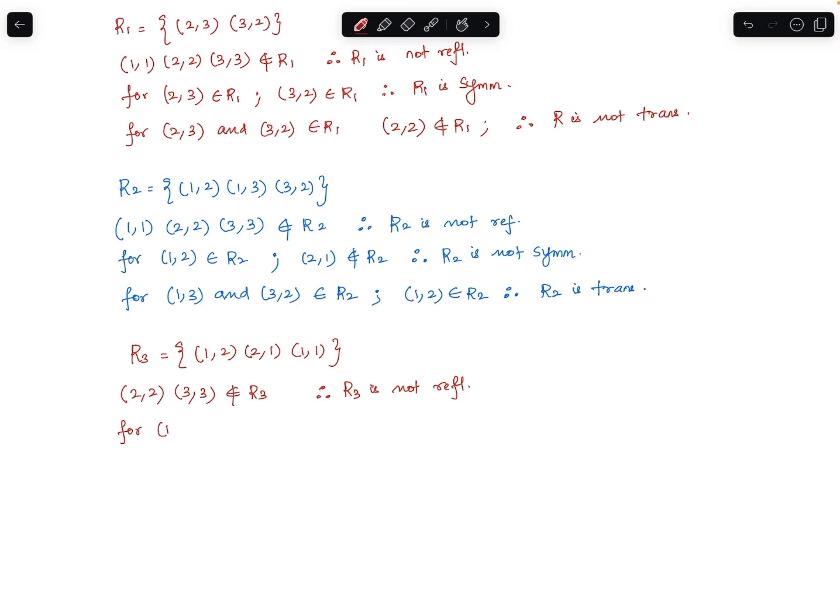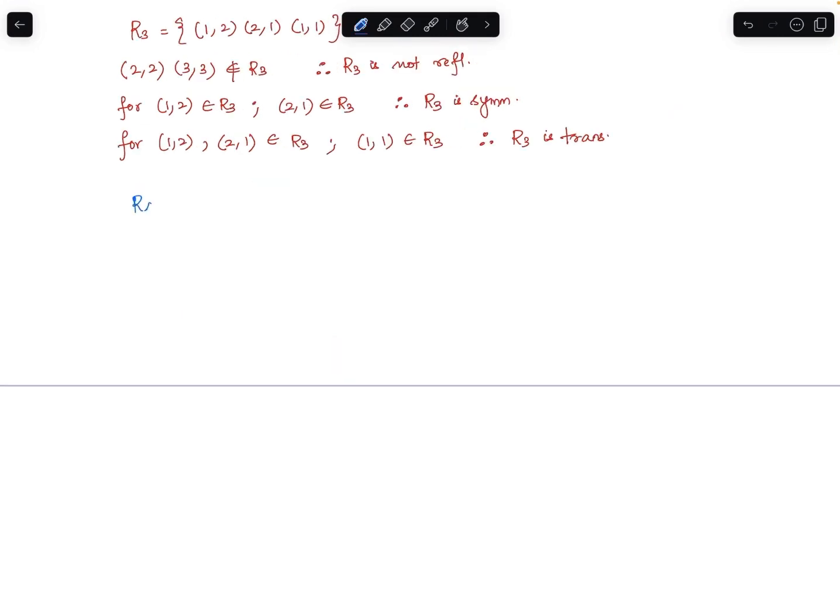For the ordered pair 1, 2 in R3, there is a 2, 1 in R3. Therefore, R3 is symmetric. For 1, 2 and 2, 1 in R3, there is a 1, 1 in R3. Therefore, R3 is transitive.